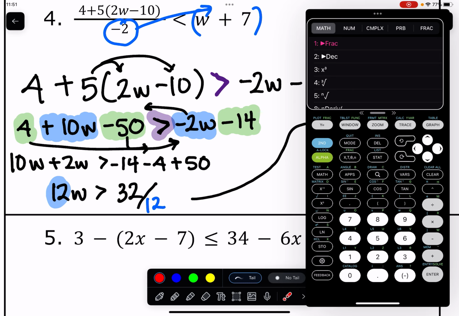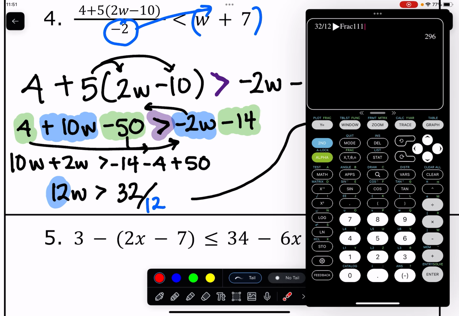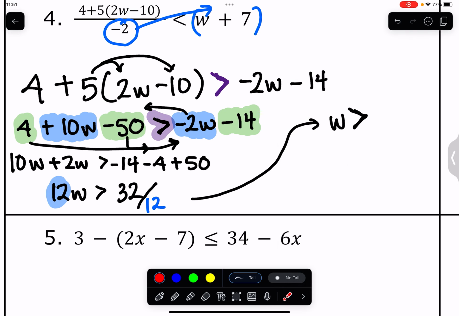So we're going to hit 1. Oops, too many times. Let me delete those. And we're going to convert our 32 divided by 12 into a fraction, which, as you can see, is the fraction 8 over 3. So this 32 over 12 is the fraction of 8 over 3.